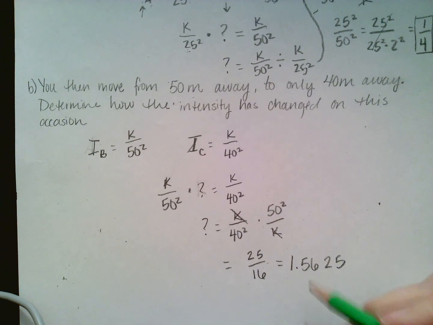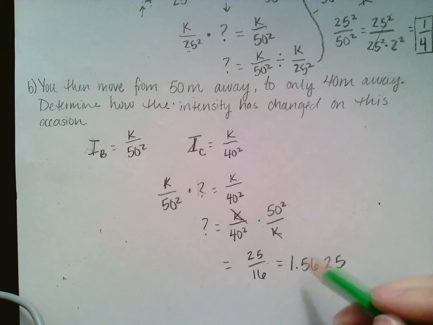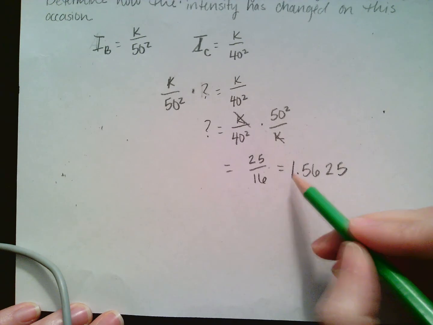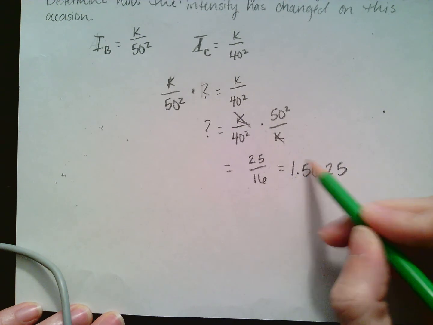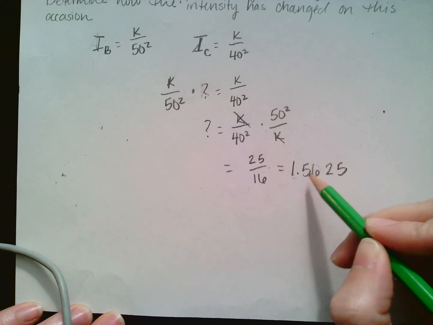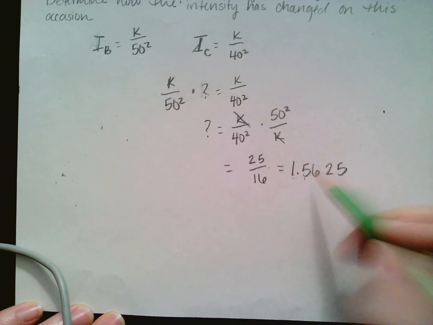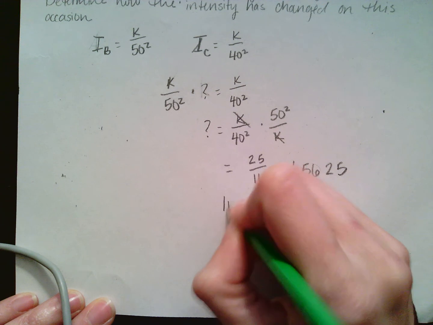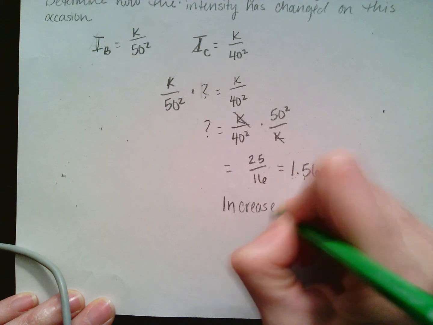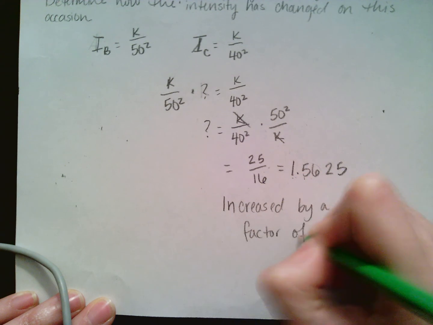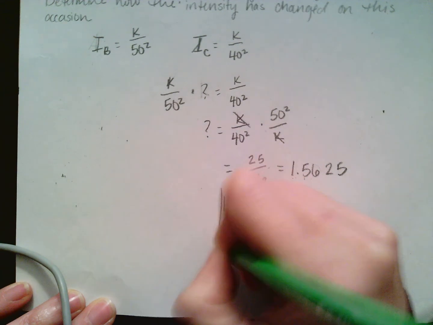It increased, but not by a whole lot, by about 56%. That whole 1 is 100%, which means it stays the same. So if you have more than 100%, 1.56 is 156%. So it's increased by 56%, or increased by a factor of 1.56.